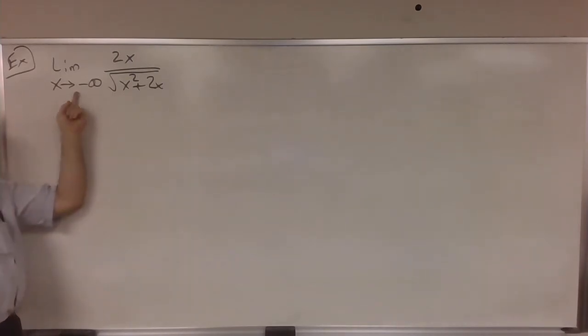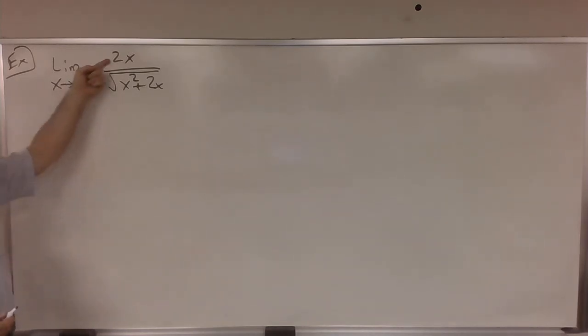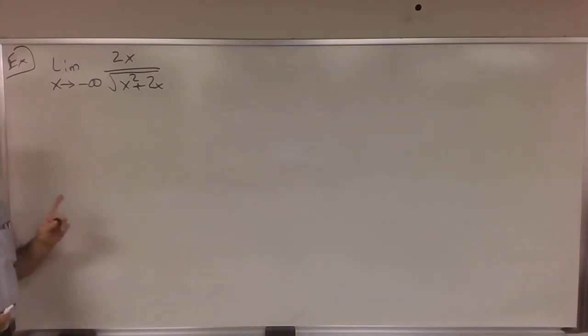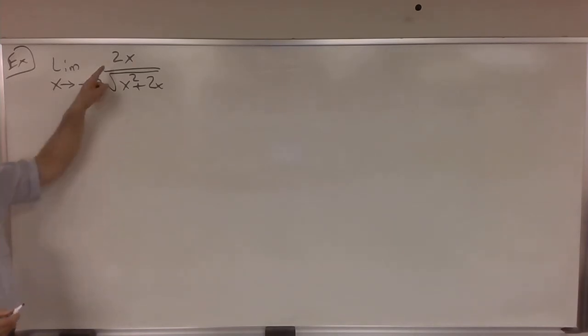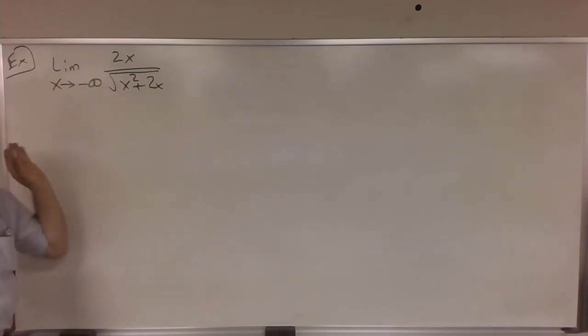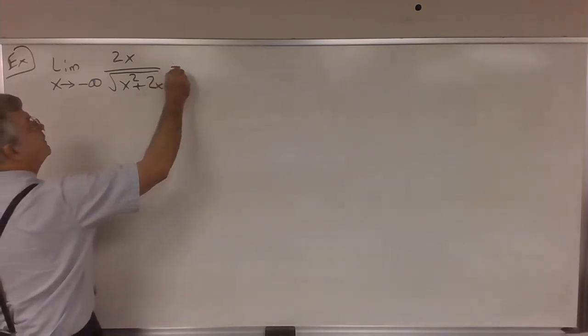And we know that if x approaches plus or minus infinity, and we're computing the quotient of polynomials, we take the term of highest degree in numerator and denominator, and we throw everything else away. So let's do that.